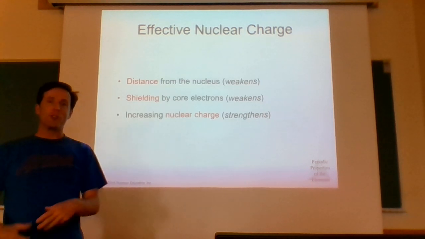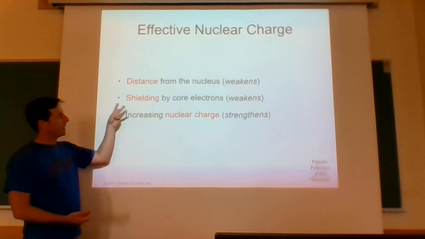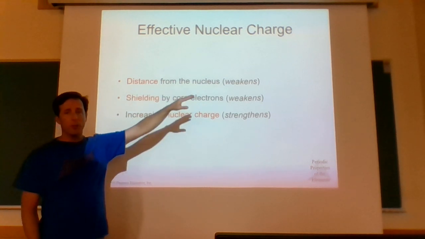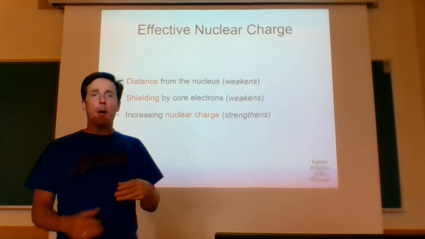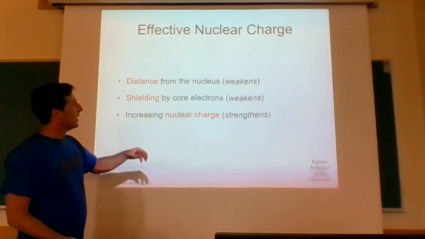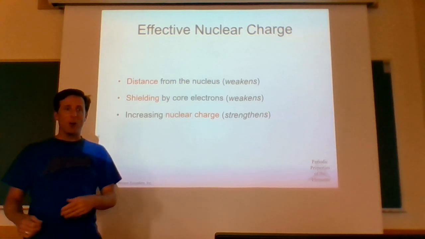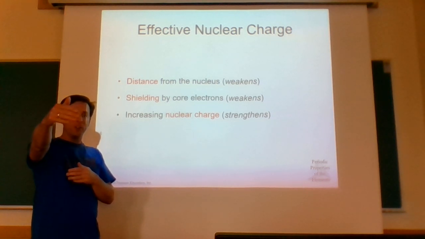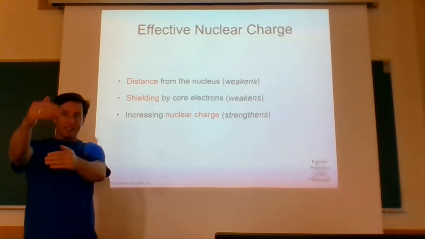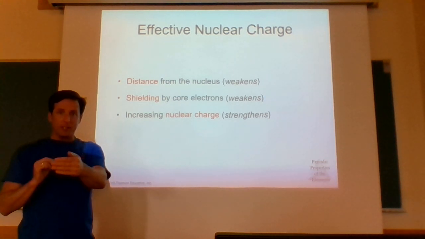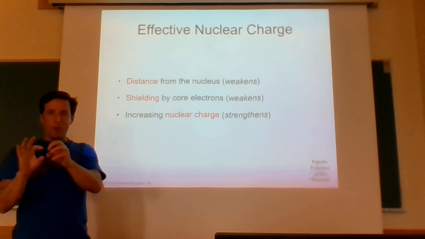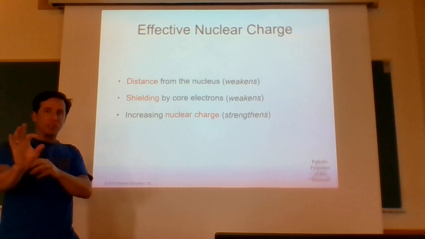So what determines how strong the effective nuclear charge is? Well, there are three main factors. First of all, the further away from the nucleus an electron is, the weaker the pull. Also, electrons repel each other. So if I have an electron in the fourth shell, the electrons in the first, second, and third shell are between those outer electrons and the nucleus, and the third shell electrons are going to be repelling the fourth shell electrons and kind of pushing them away.